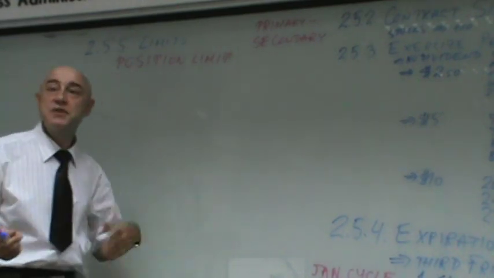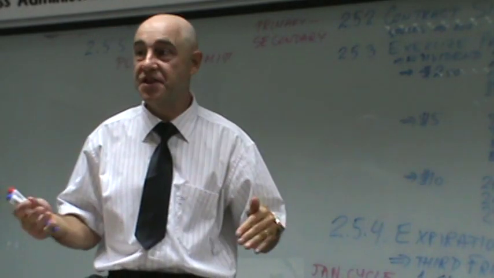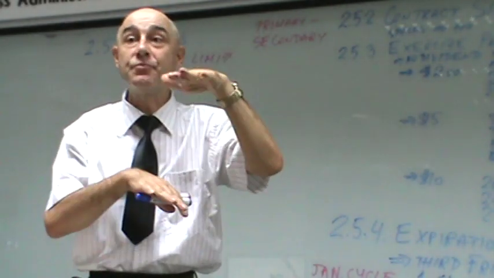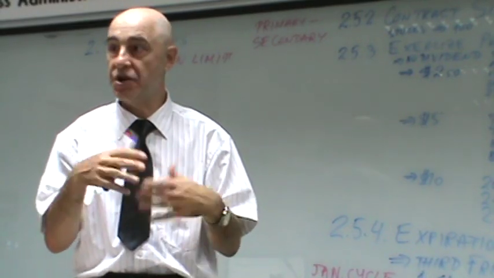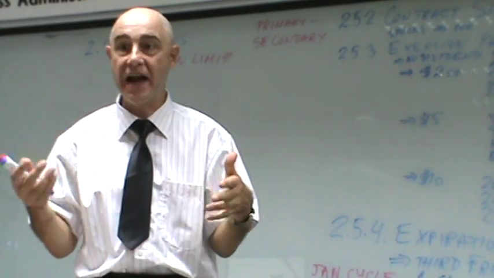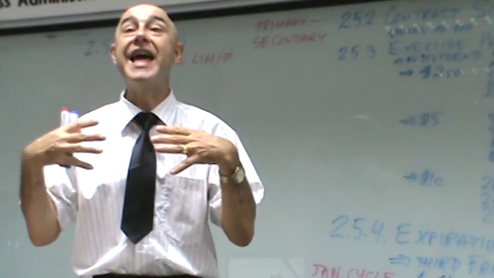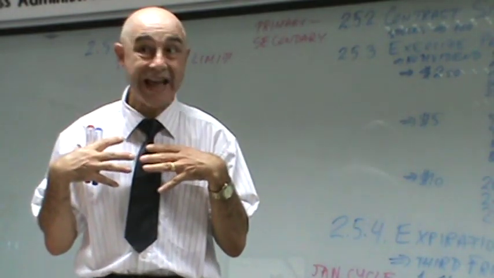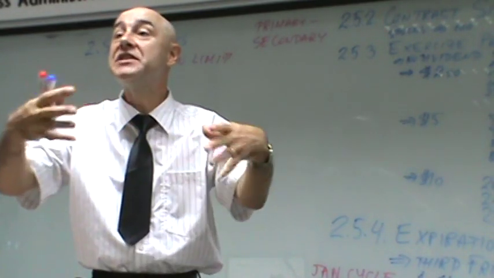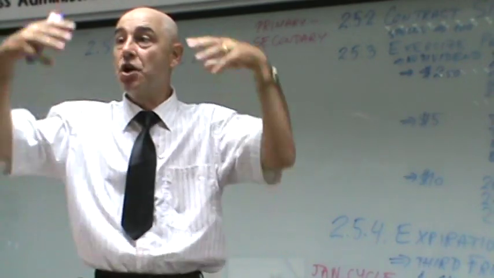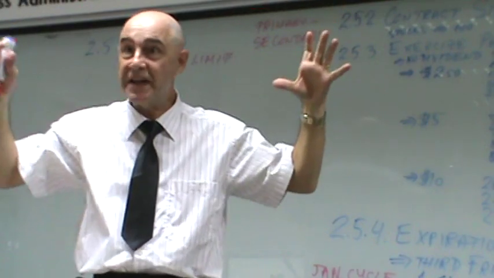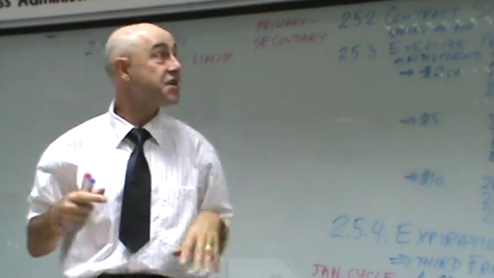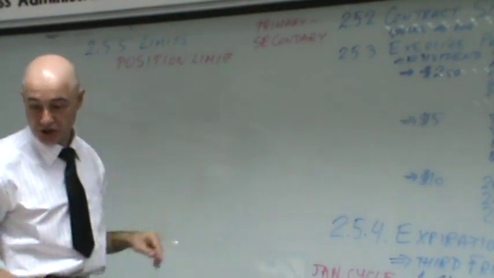Let's say the position limit is 10,000 contracts. You can go long up to 10,000 or short up to 10,000, but not above that. That applies to any institution and all of its related entities, so a pension fund and a bank and all of their mutual fund subsidiaries cannot exceed the position limit.